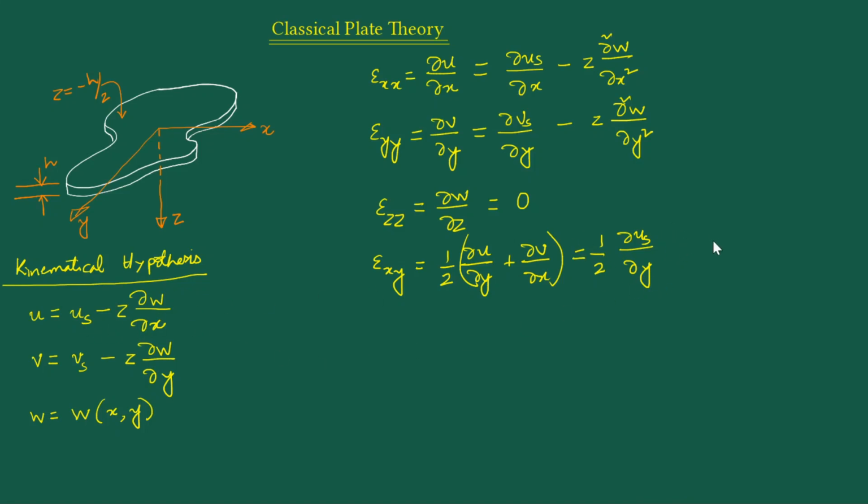So looking at this, minus z del square w del y del x, plus half del vs del x minus z del square w del x del y.